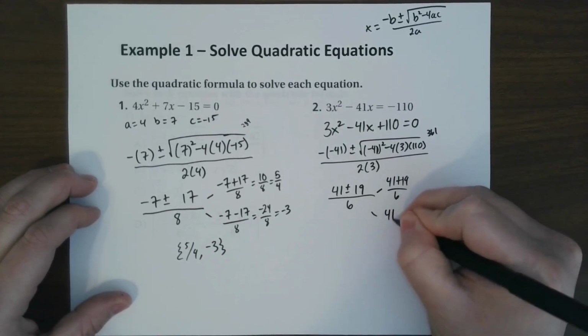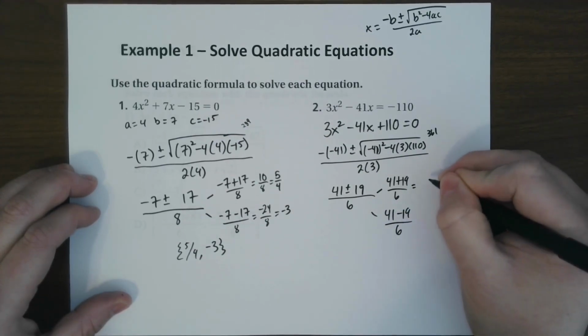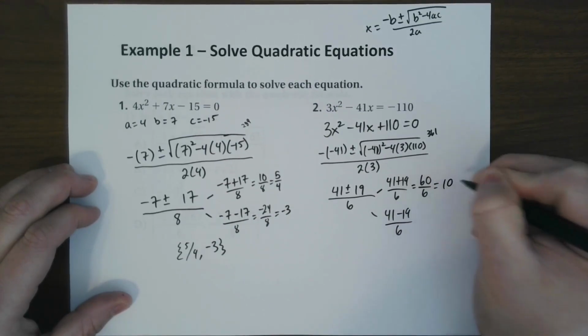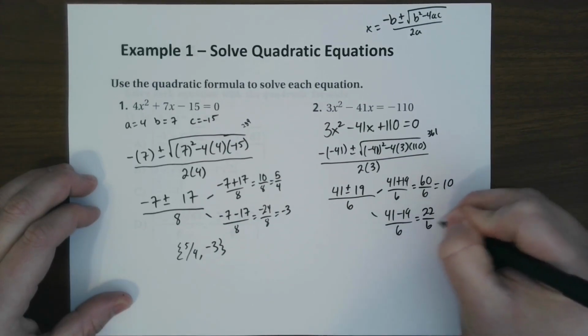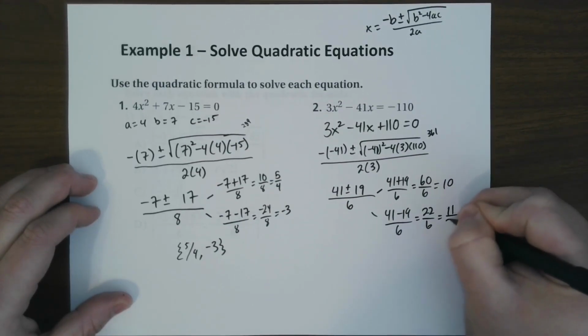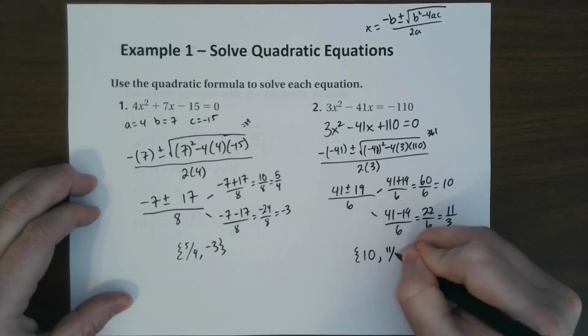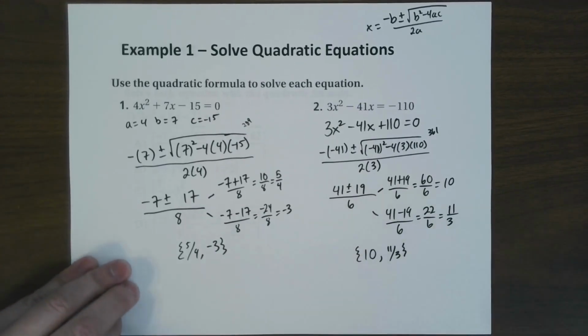And then 41 minus 19 over 6. So we get 60 over 6, which is 10. And this one we get 22 over 6, which is 11 over 3. And those are your answers, 10 and 11 over 3. And that's how you use the quadratic formula.